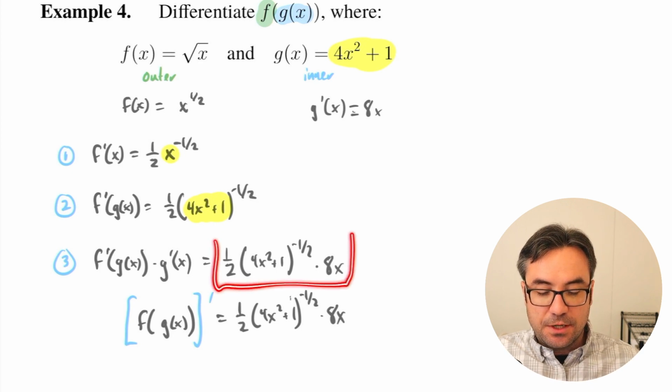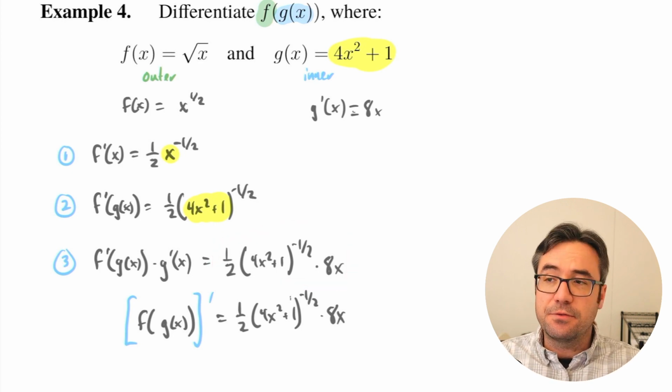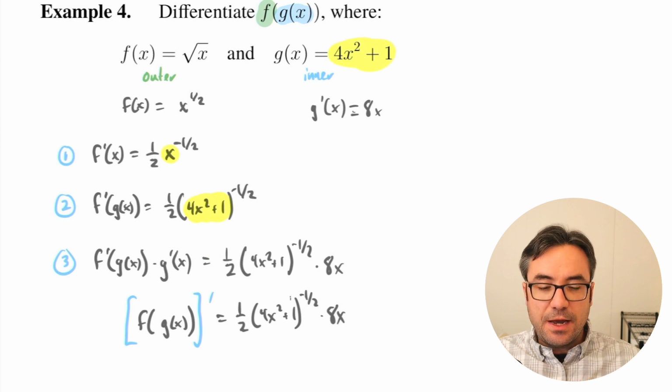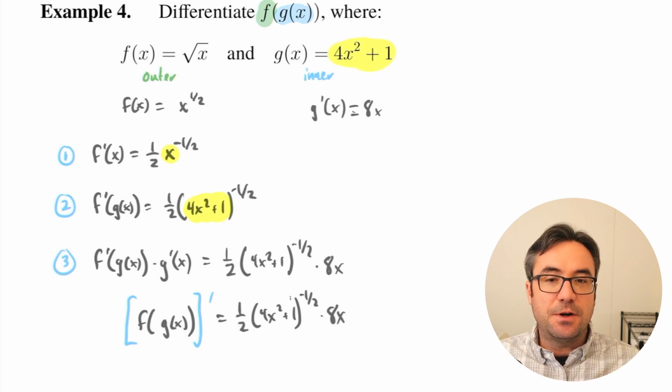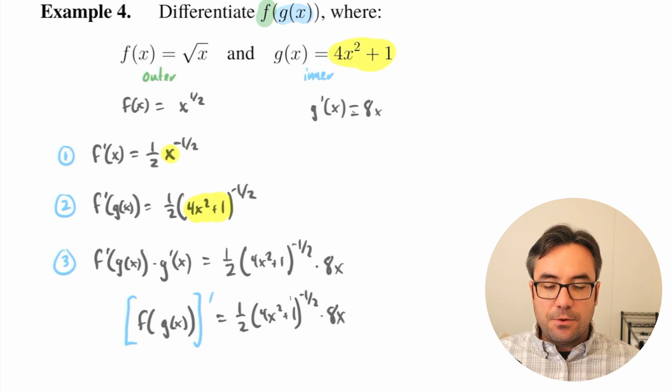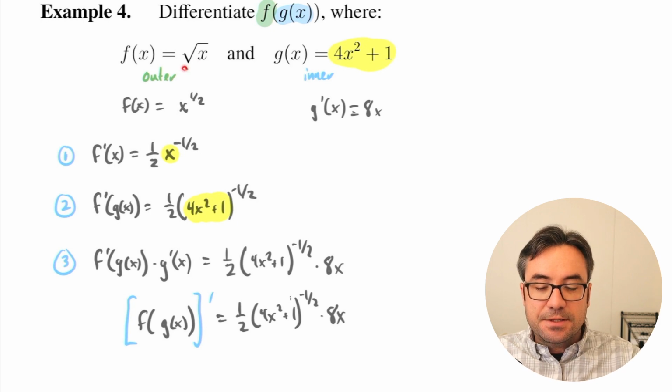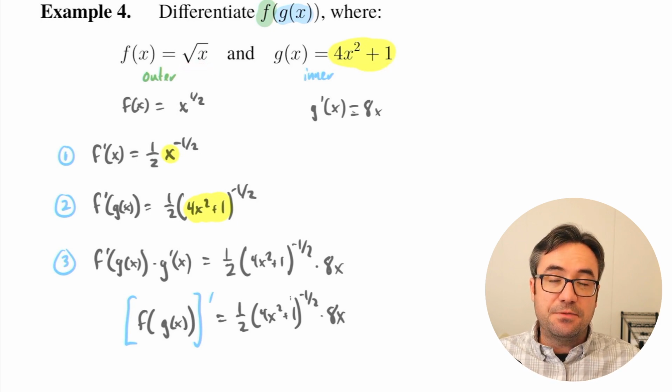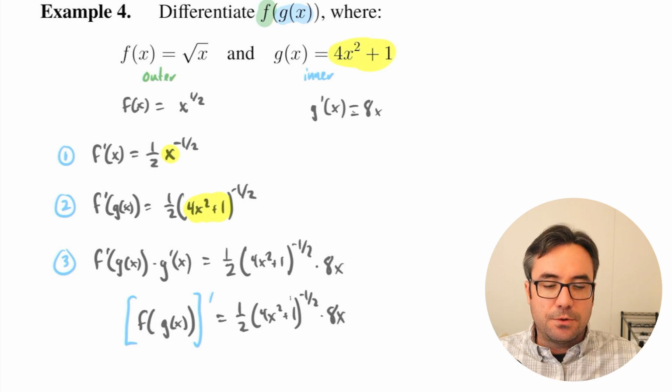So this last result here is essentially our derivative. We've used the chain rule to differentiate this composite function where we left these components separated. Now, we could actually just calculate what the composite function is first, and then use our general power rule.